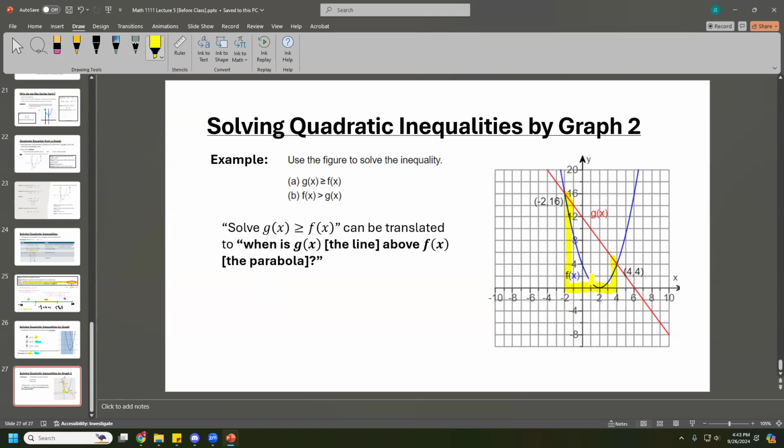So this yellow region is where the red line is above the blue parabola. That's going to be the answer to number 1. So red line above parabola. When does that happen? From -2 to 4. So I would say, actually, this can be bracket from -2 to 4. Why bracket? Because I'm allowing places where they're equal, and they are equal at these little crossings.